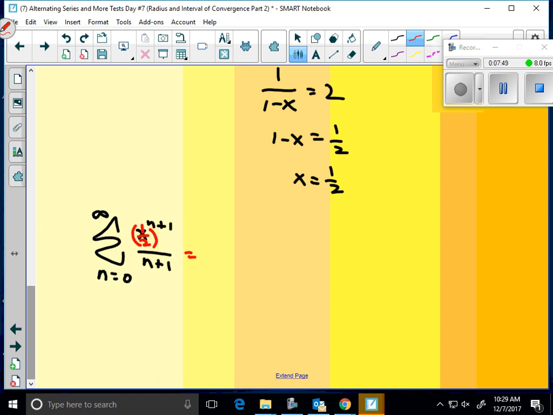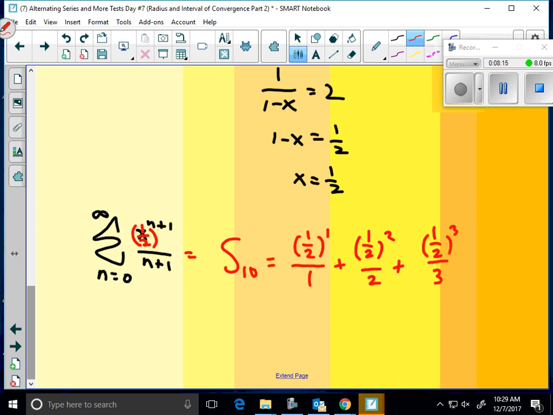So what if I did this? What if I did the sum of the first 10 terms of this? What would it look like? Well, it'd be 1/2 to what power? To the 1, right? 0 plus 1 would be 1 over 1 plus 1/2 to the what power? 2 over 2 plus 1/2 to the 3 over 3, and then we'd go all the way out to the 10th term, right?